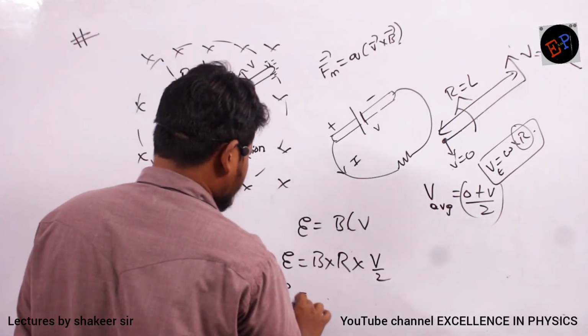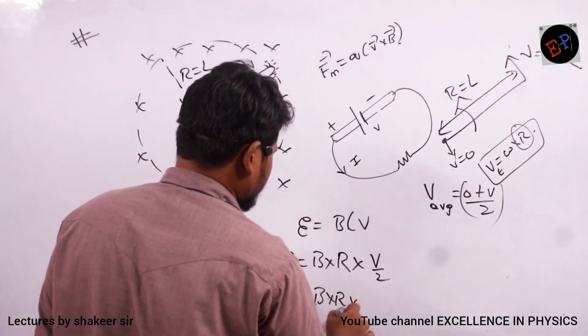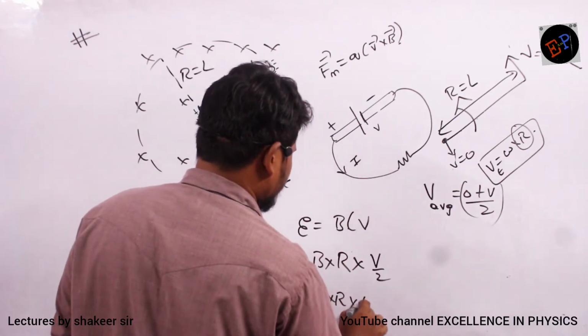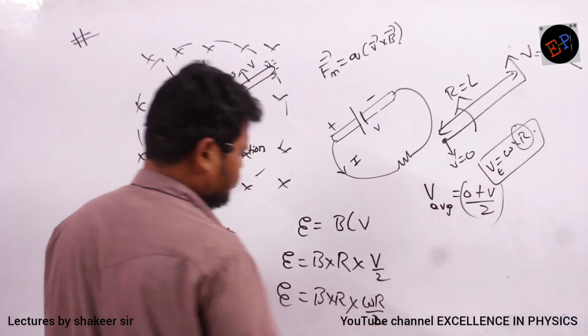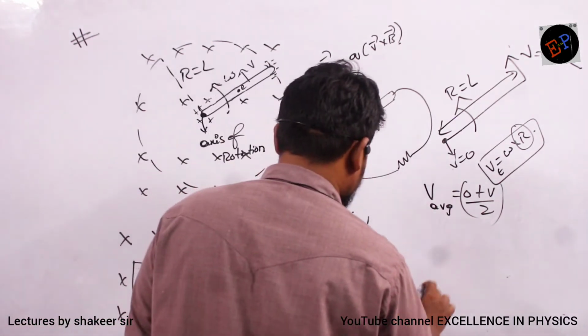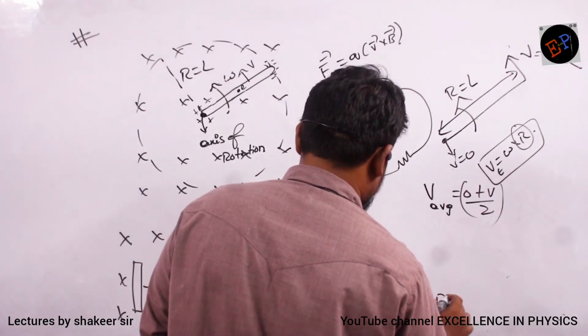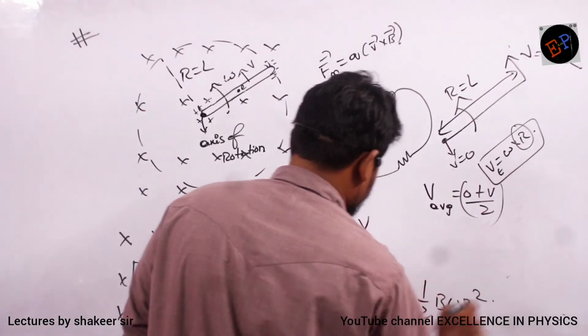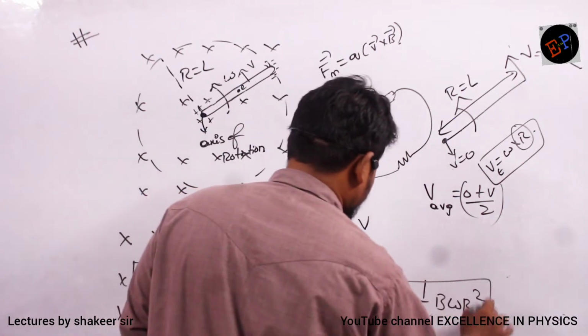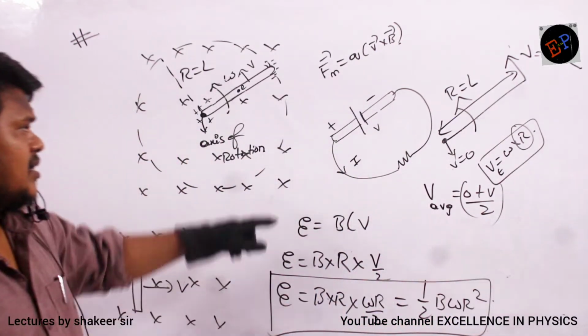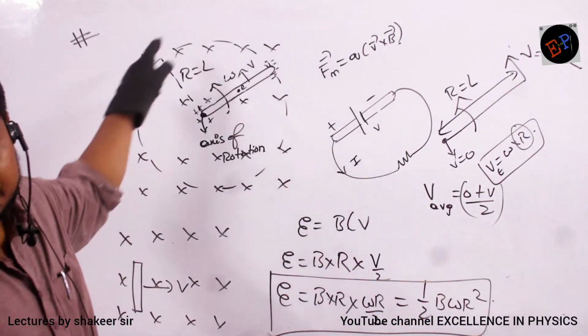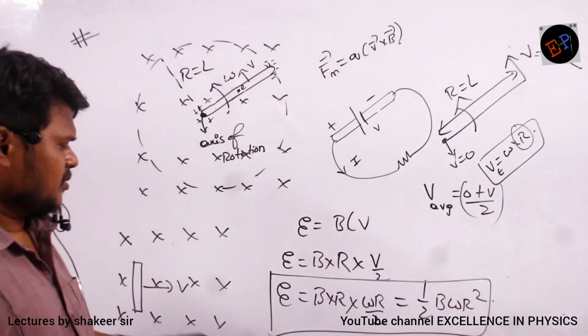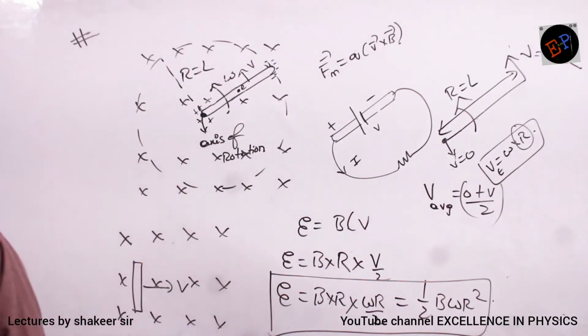So E is equal to B into R into, instead of velocity I can write omega into R divided by 2. So therefore what is the equation I got? Half B omega R square. So this is the equation to calculate EMF induced if a conductor is rotating in a magnetic field.